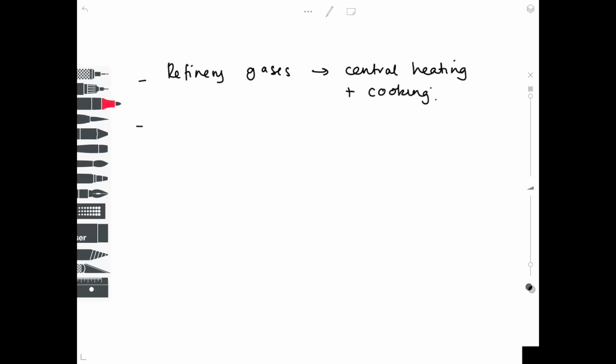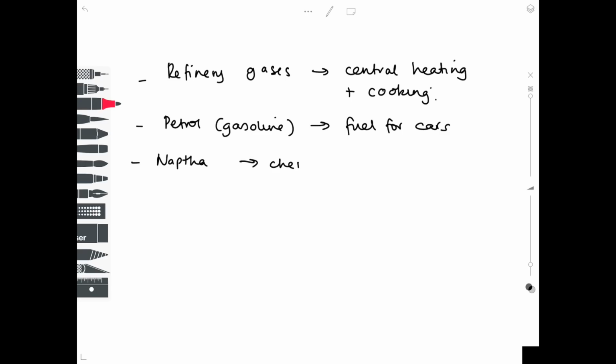The next fraction down we have petrol, otherwise known as gasoline, and as the name suggests, it's used as fuel for cars. Getting slightly longer in terms of our carbon chain, we have naphtha. Its main use is to produce chemicals. Then we have paraffin, which is used as jet fuel.